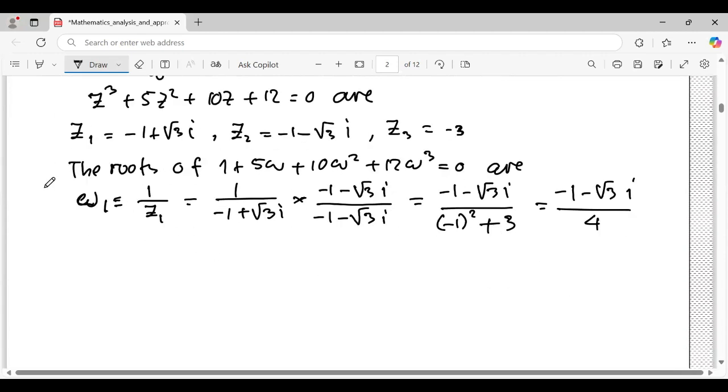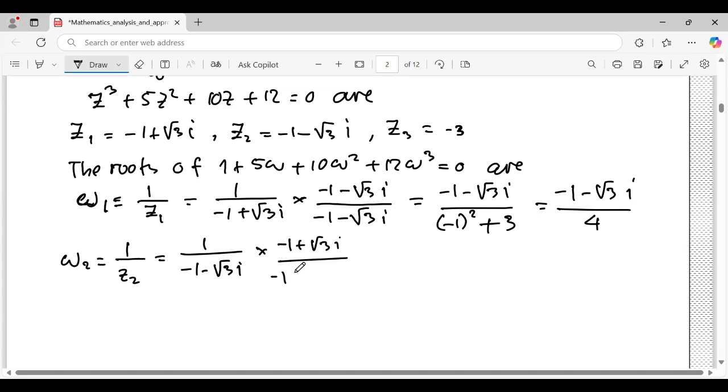And the second root is the second w, 1 over z2, which is 1 over -1 minus square root 3i. So multiply by this conjugate, -1 plus square root 3i over -1 plus square root 3i.